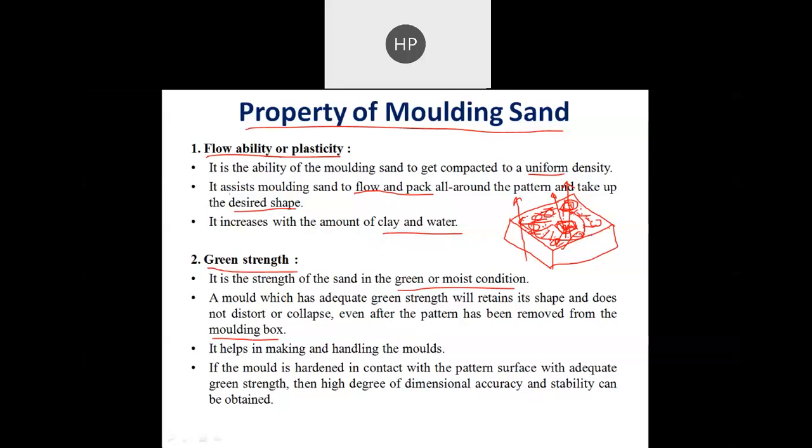And why is it known as green sand? Because we add some amount of clay and water. Okay, so as it has a certain amount of water, it is termed as green strength. Whatever sand we have added has a certain amount of water and clay content, and due to that water, it is termed as moisturized sand.